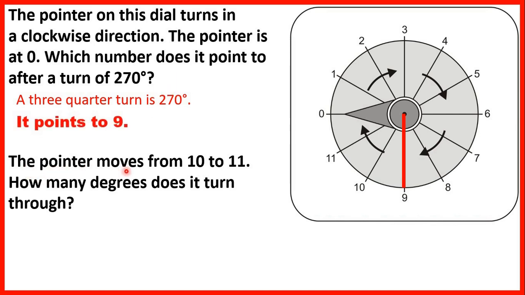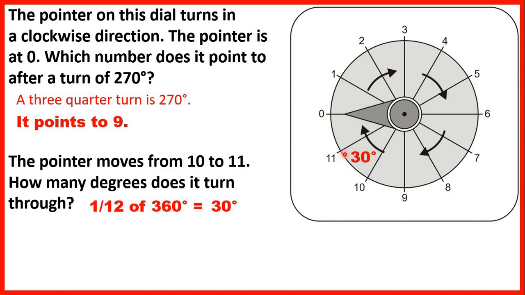Now the pointer moves from 10 to 11. How many degrees does it turn through? So it turns from 10 to 11, and that's 1/12 of a whole turn. Remember, a whole turn is 360 degrees. So if we divide 360 by 12, we get 30, which means that it turns through 30 degrees.